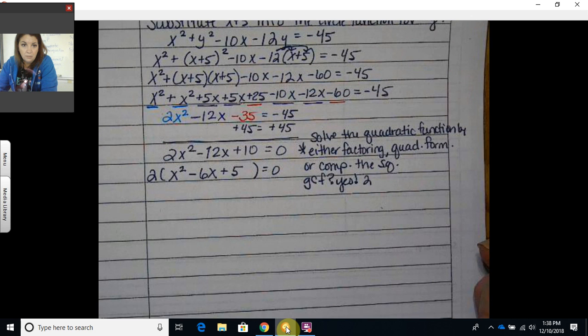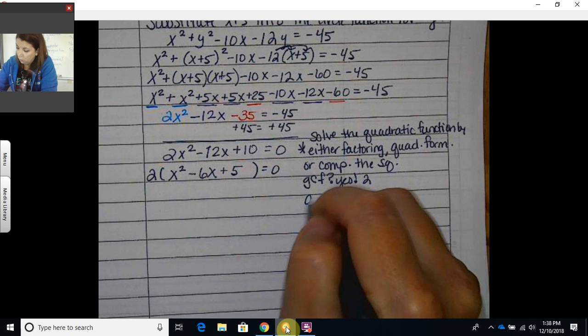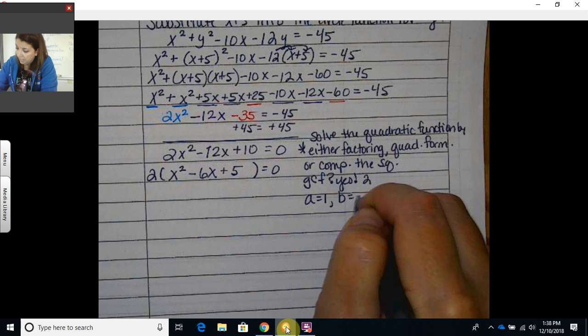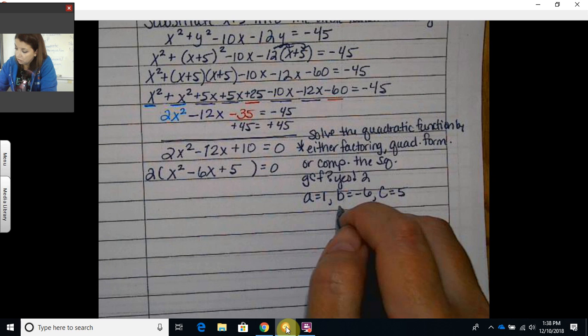So let's determine A, B, and C. We're not looking at the original now because that's not what we're factoring. We're factoring what's left after we took out the GCF. So A is 1, B is negative 6, and C is positive 5. Make my little T-chart. Am I going too fast?